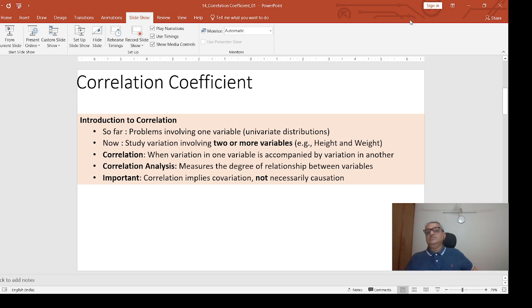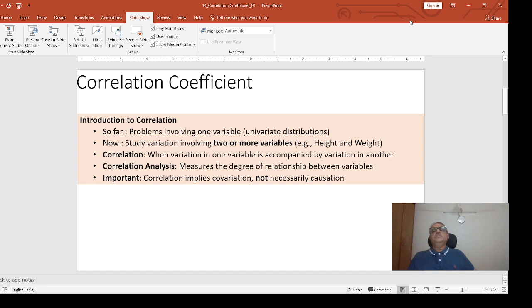Do they increase? Do they decrease? Or is there no impact at all? Correlation analysis measures the degree of relationship between these variables, so we calculate the degree of relationship.